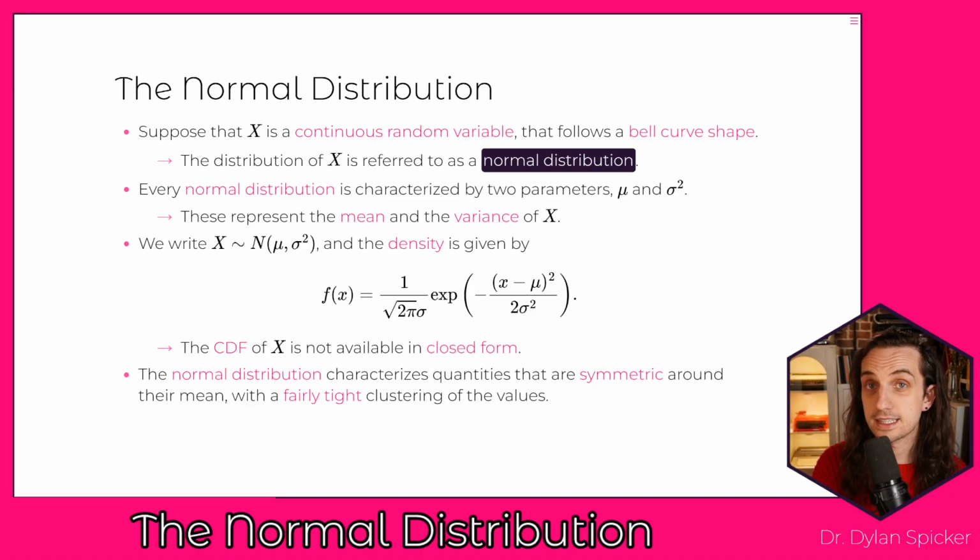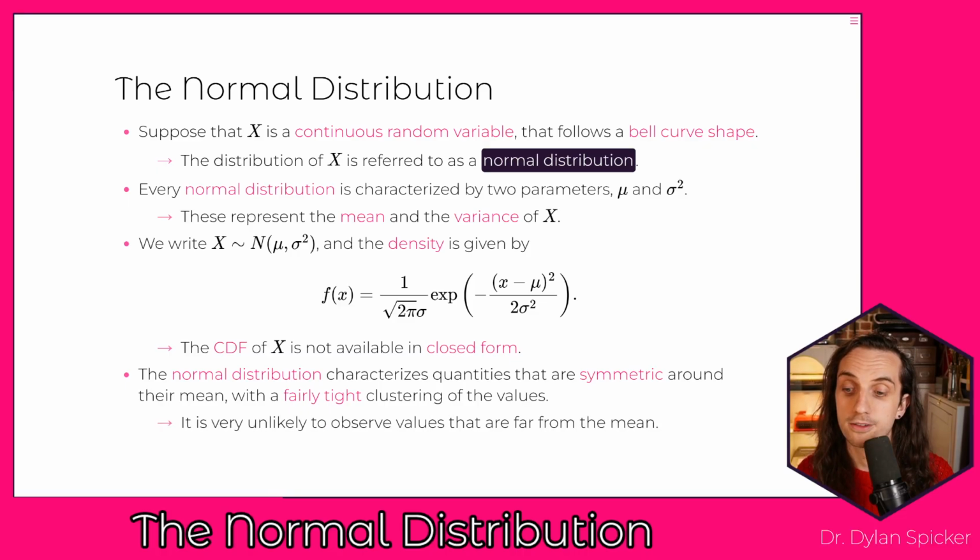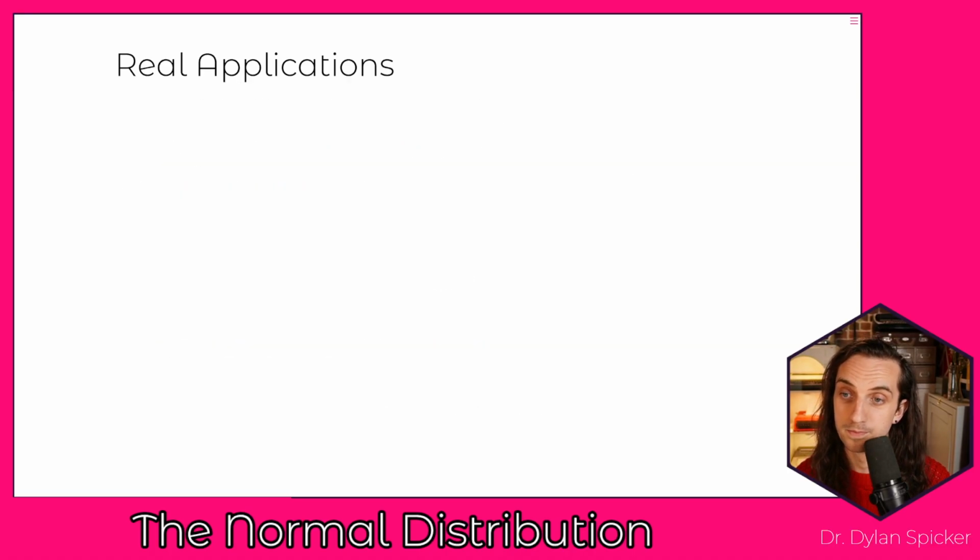And so we see that the symmetry of the normal distribution is such that being above or below the mean within a fairly tight range is what we're most likely to observe. And there's going to be this symmetric pattern around it. So it's quite unlikely that we're going to observe any value that is very far from the mean.